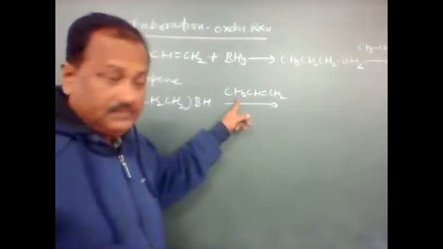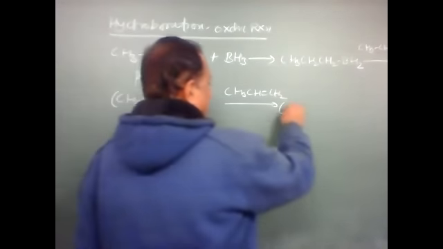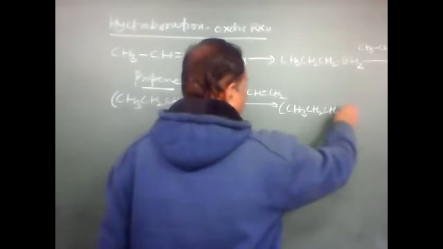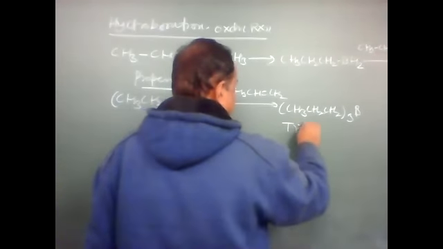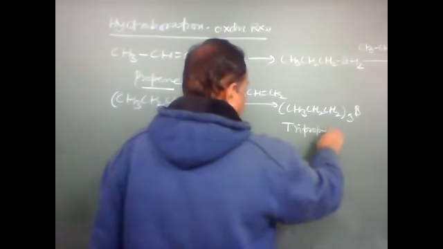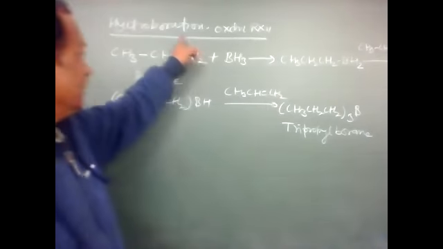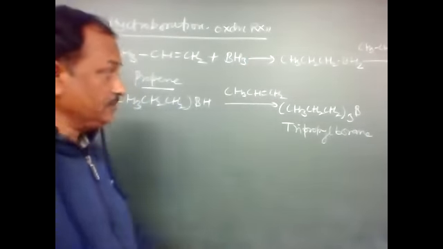This is propene. Now there is formation of (CH3CH2CH2)3B. This is tripropyl borane. So as the name indicates, hydroboration, and there is the oxidation also.